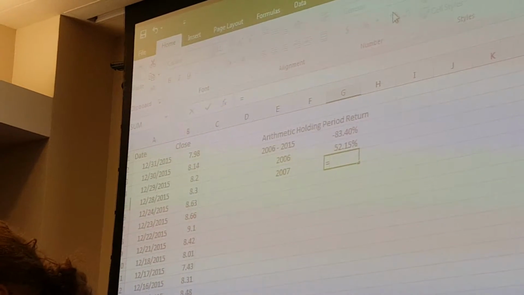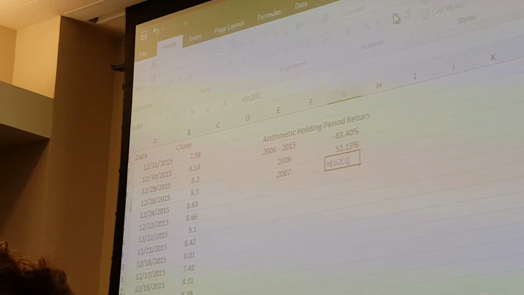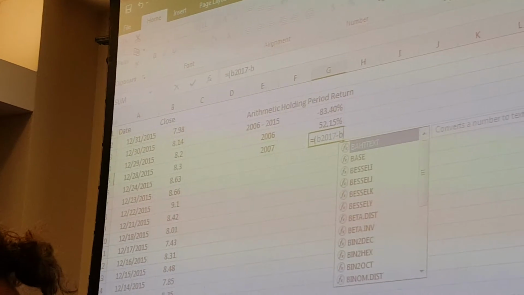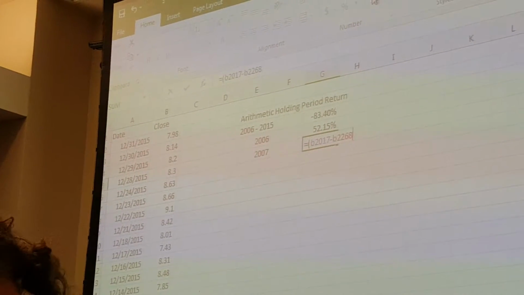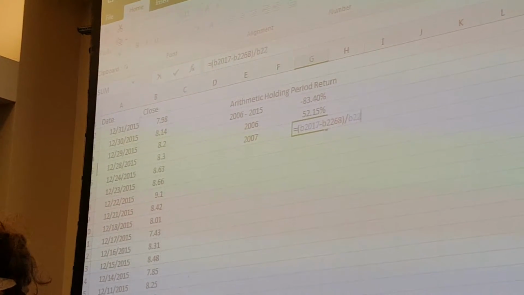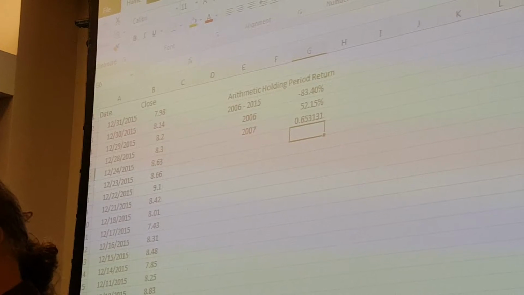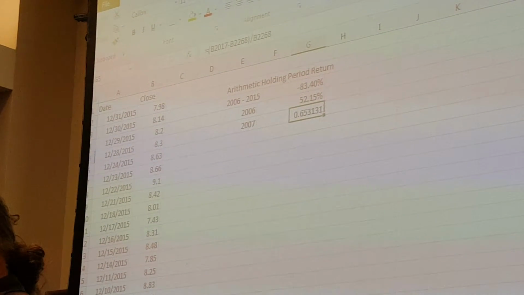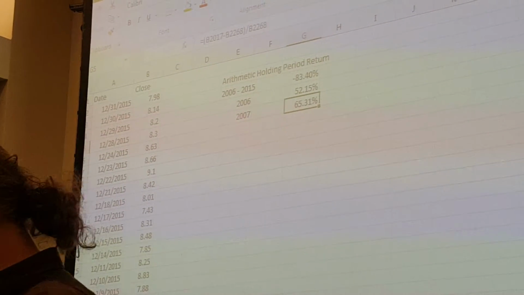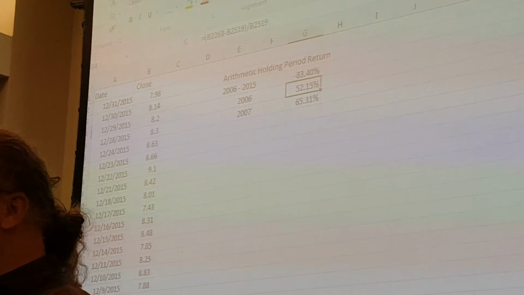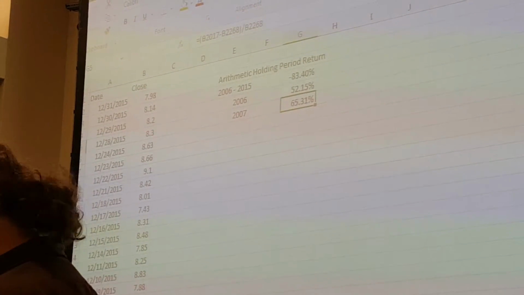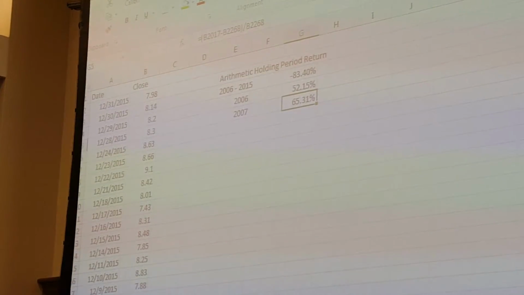It's going to be equal to B2017 minus, what was it, 2268 divided by B. Okay, so for 2007, positive 65%. And you keep doing that through 2015. I'm not going to go through all those. I'll just show you an example there.